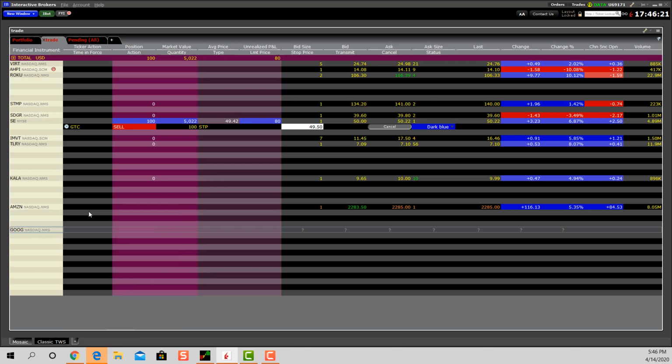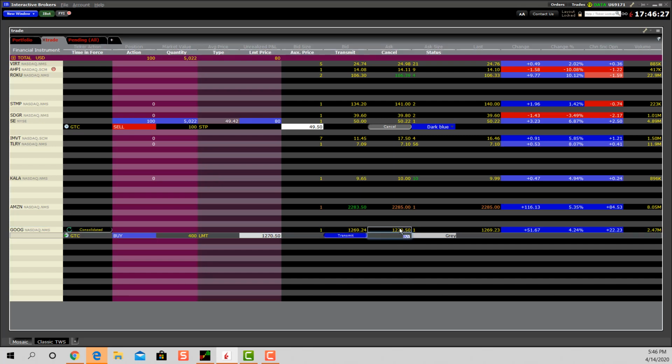We can click stock. So if we want to buy a stock, we click on the ask price and you have two options. You can either buy it at the limit price or the market price. If you click limit, you're buying it at a specific price, like this price, but if you click market price, you're buying it at whatever price the stock is right now, when the market is open.